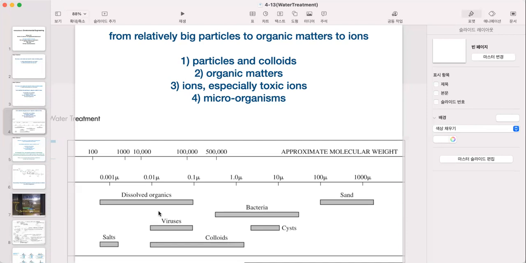So there are two different mechanisms to remove even contamination having very small size: we use electrostatic interactions, charge repulsion, and we can use an adsorbent such as activated carbon and soot.